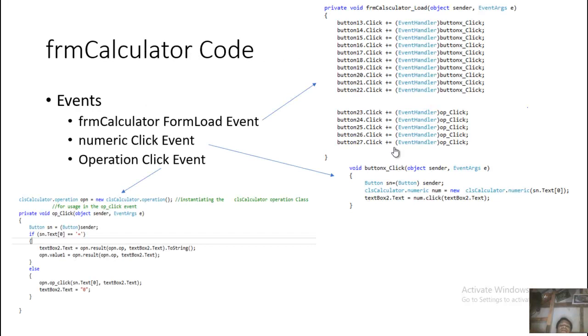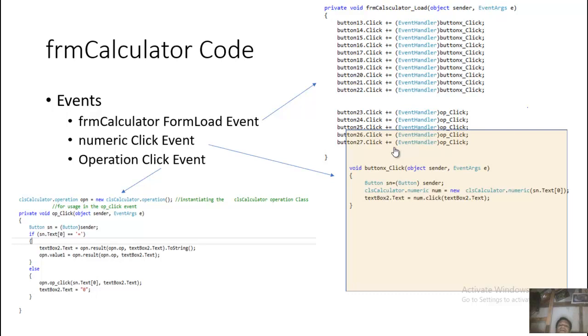Now for our form calculator code, we have three events: the form calculator form load event, the numeric click event, and the operation click event. For our form load event, we initialize the event handler for the numeric class and for the operation class, including the equality sign. And for our numeric class, the first line is typecasting the sender object to a button and naming it SN.